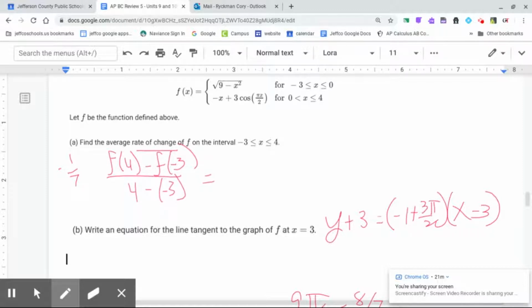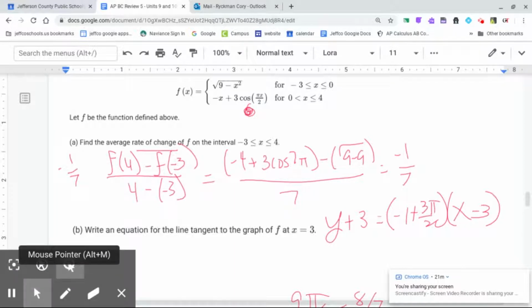F at 4, I use the lower function, and I got something like negative 4 plus 3 cosine of 2 pi, which is negative 1. And for f at negative 3, I used the upper function, 9 minus 9, which is 0. So I got negative 4 plus 3 minus 0, and that's negative 1 over 7. That's where I got my answer.